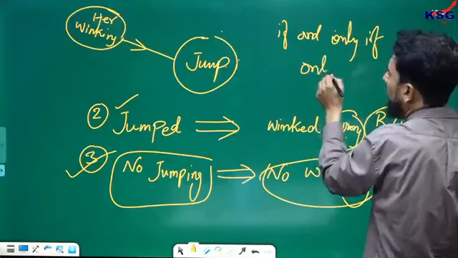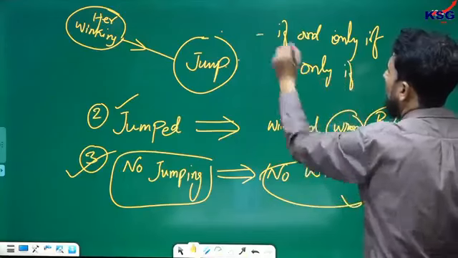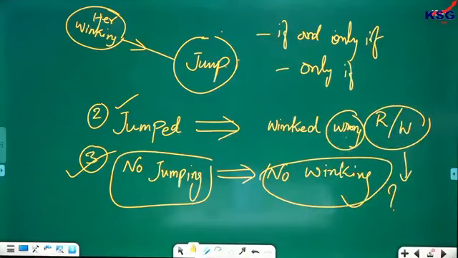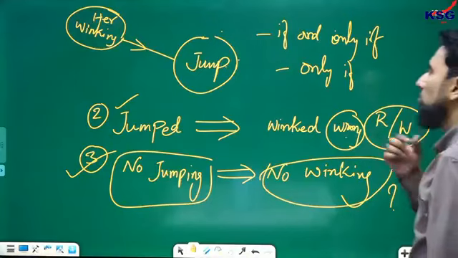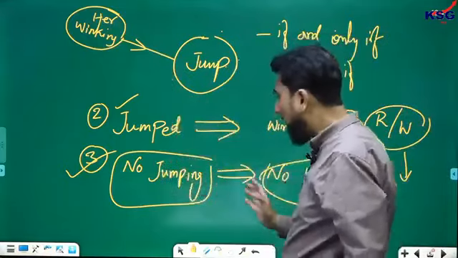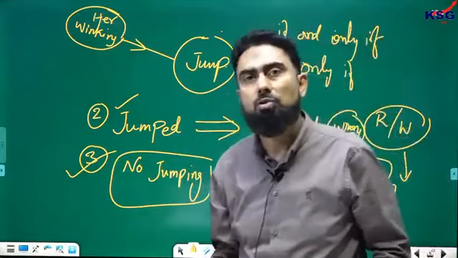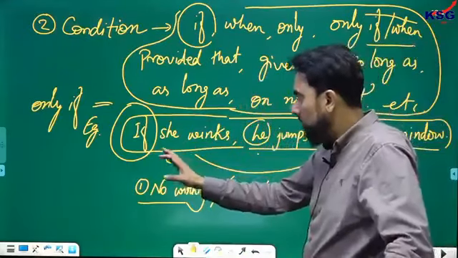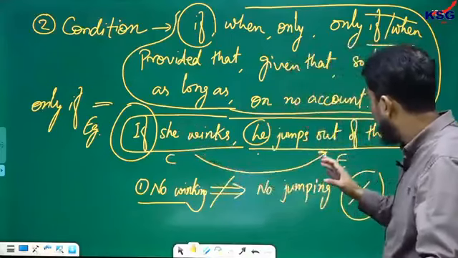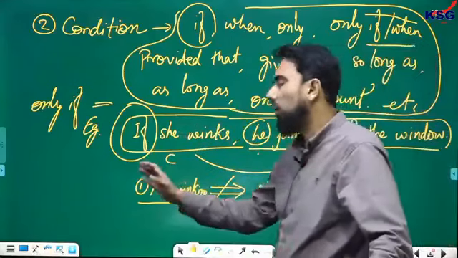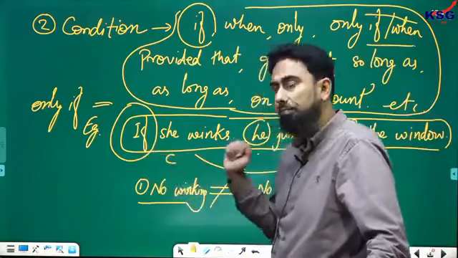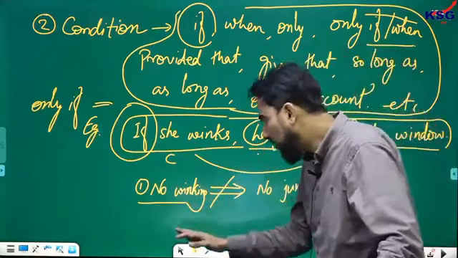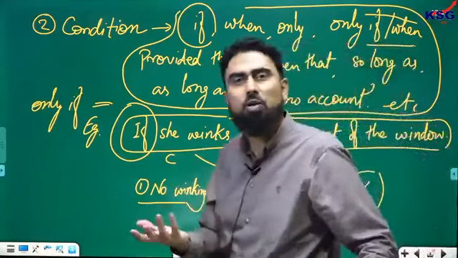He jumps out of the window only if she winks. Yeah, if and only if. In that case, with the word "only," you get the clarity that it is the only cause. So there is no possibility of X, Y, Z. Hence, the implications from the statements will also change. For this new statement, he jumps out of the window if and only if she winks, no winking means no jumping, because this is the only cause.